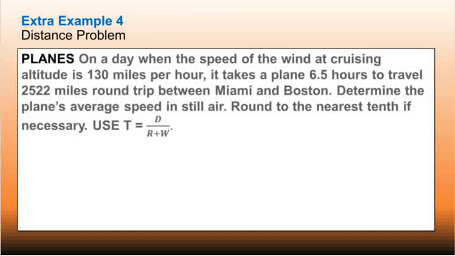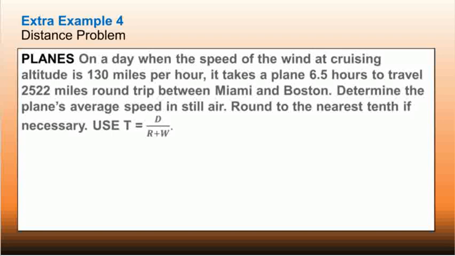Next, on a day when the speed of the wind at cruising altitude is 130 miles per hour, it takes the plane 6.5 hours to travel 2,522 miles round trip between Miami and Boston. Determine the plane's average speed in still air, round to the nearest tenth if necessary.